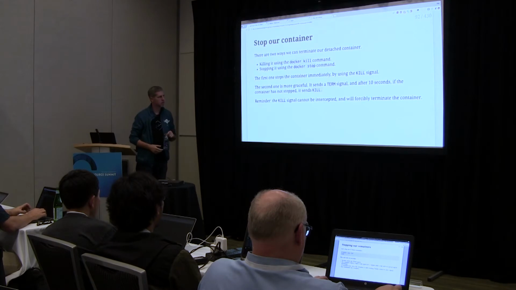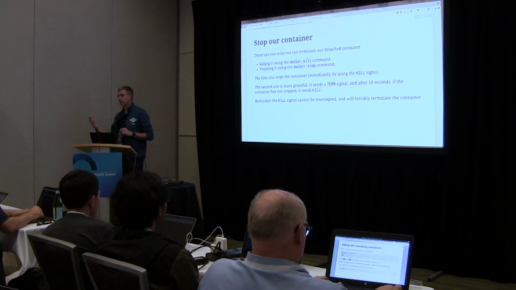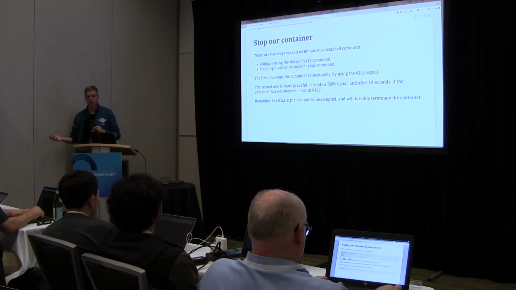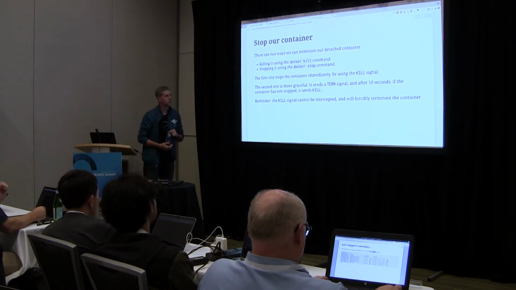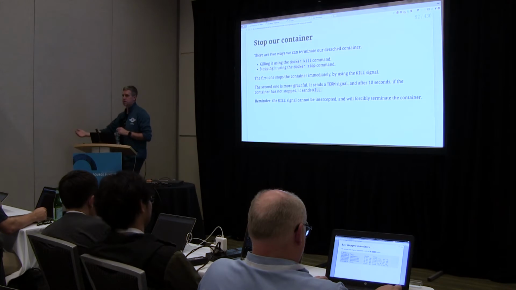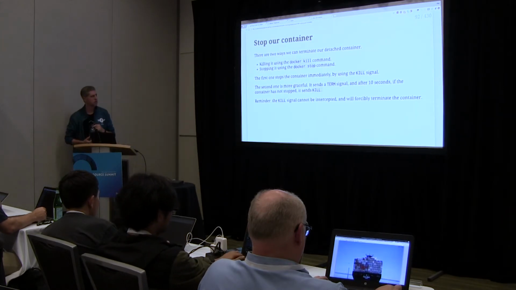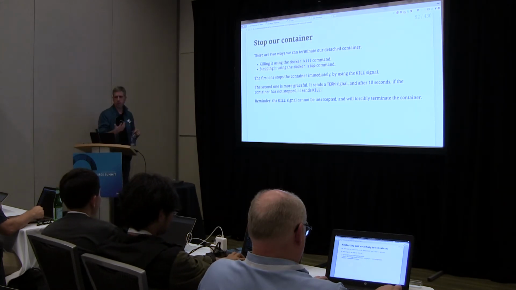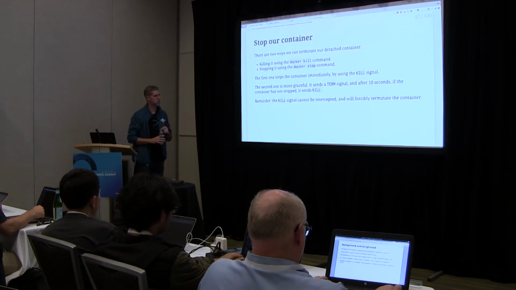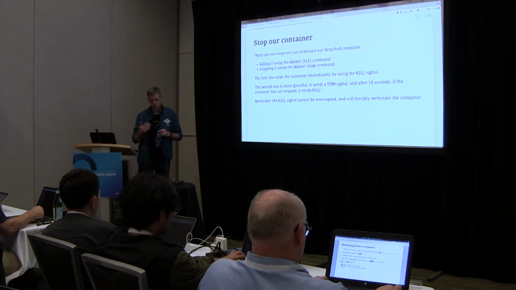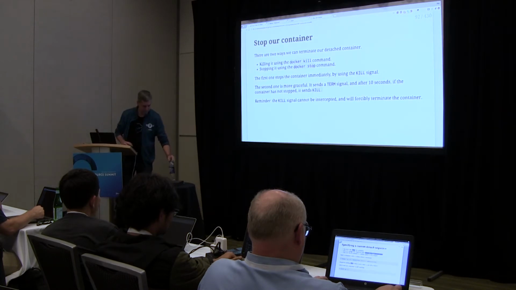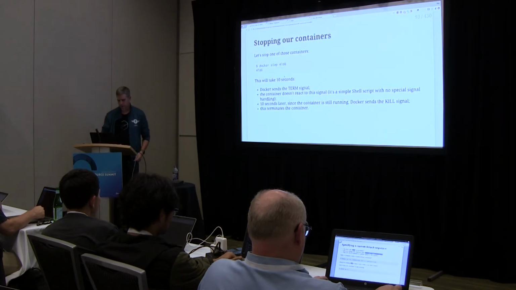That's what docker kill does, which won't allow your program to clean up in any way. SIGTERM is what docker stop uses. It will actually send SIGTERM to the process in your container, but if it doesn't respond to that after 10 seconds, it will actually send a SIGKILL. So again, these are two ways to stop that.